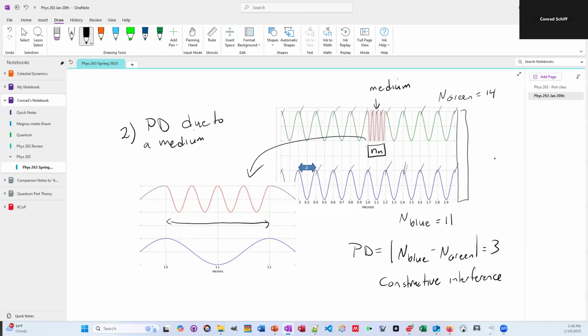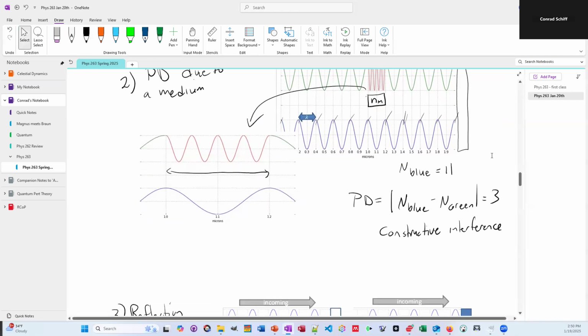And so without moving the sources relative to each other, like we did in the earlier example, we can actually just move the wave, as it were, by inserting a medium that causes a different number of wavelengths to travel through the same geometric length that we would measure on a ruler for one of the waves than for one of the others.